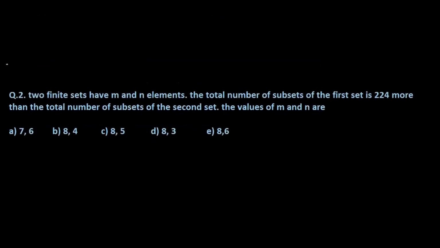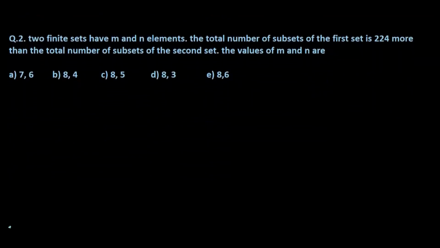Question number 2 is over here. Two finite sets have m and n elements. The total number of subsets of the first set is 224 more than the total number of subsets of the second set. Find the values of m and n.